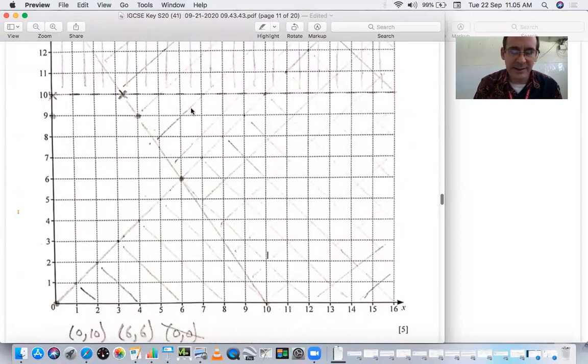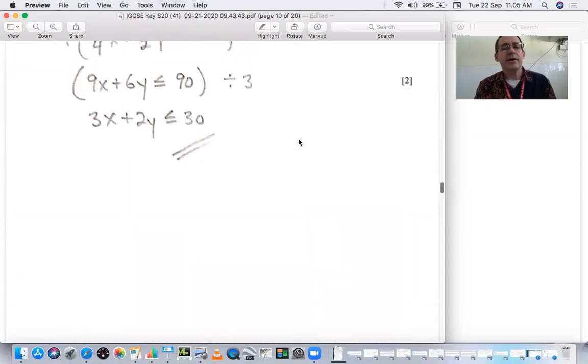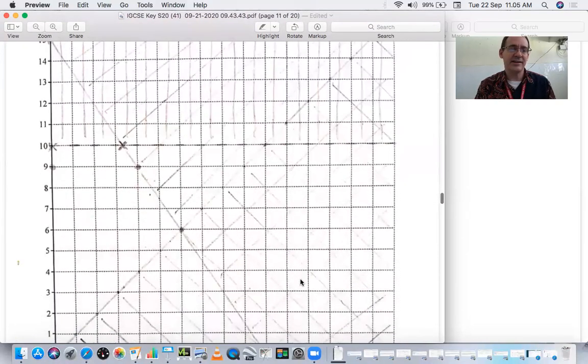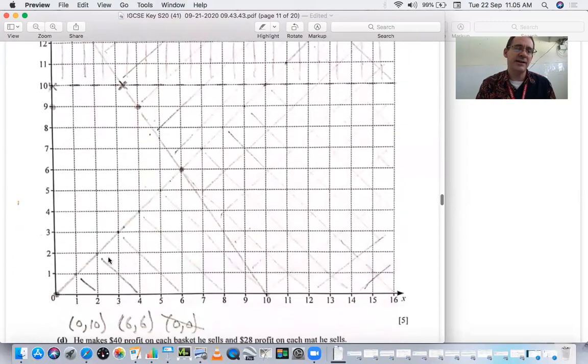Notice it said less than, it did not have the equal to. So it crosses the y-axis at 10. Since it doesn't have the equal to, it is a dotted line, not a solid line. So be careful of that. Then we also have our y greater than or equal to x. Now it has the equal to, so that's going to be a solid line.